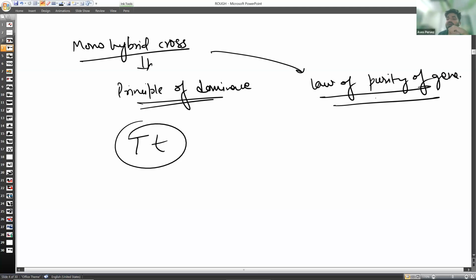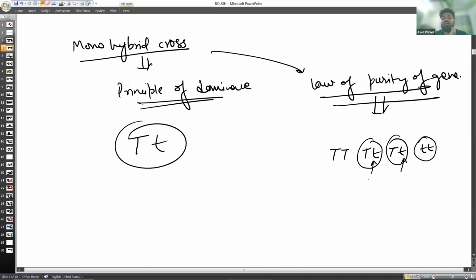And what does the law of purity of gene say? In the F2 generation, for every 4 plants, we were having 3 talls and one dwarf plant. So here in the heterozygous condition, the small t gene is also there, but they are not intermixing.